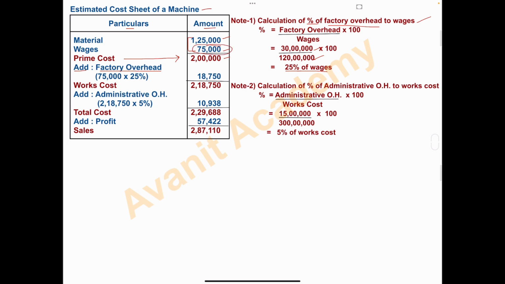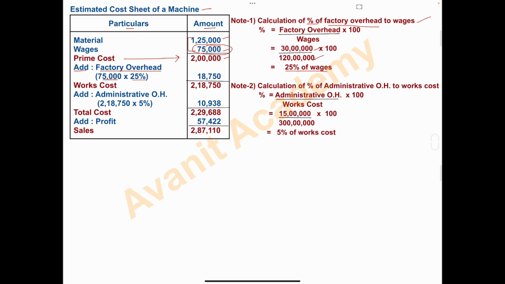So ಈ 75,000 ಇನ 25% ಅನ್ನ ನಾವು ಫ್ಯಾಕ್ಟರಿ ಓವರ್ಹೆಡ್ ಅಂತ ತಗೊಳ್ಬೇಕು. So see your calculation. Wages amount is 75,000 into 25%. Just we have calculated, it is 25% of wages. So do the calculation. 75,000 into 25%.